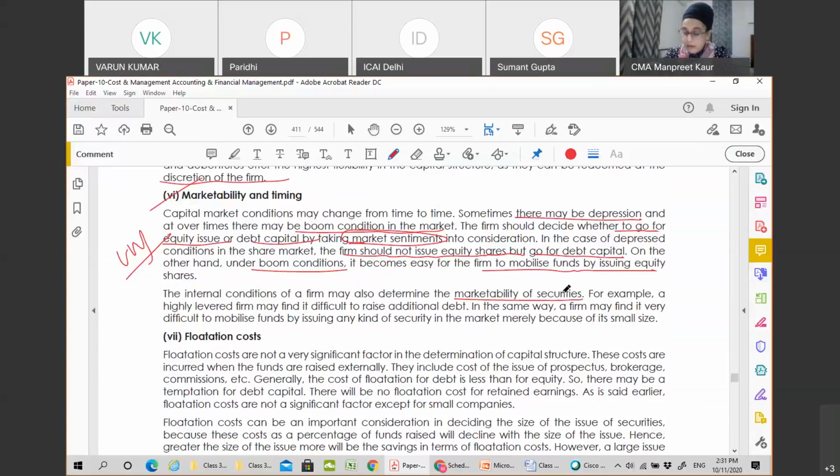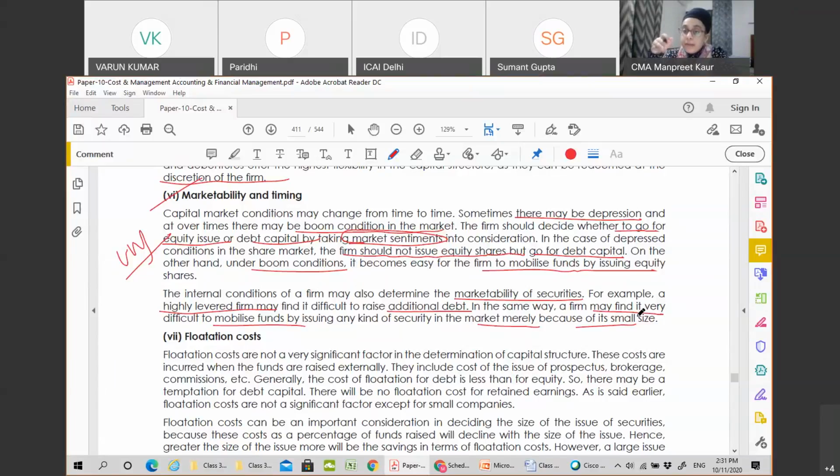For example, a highly levered firm finds it difficult to raise additional debt, because they are already a levered firm.